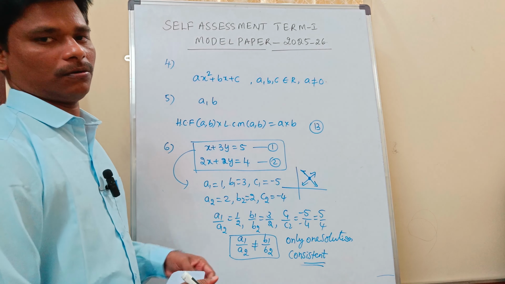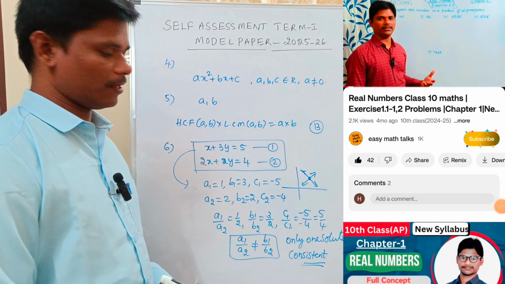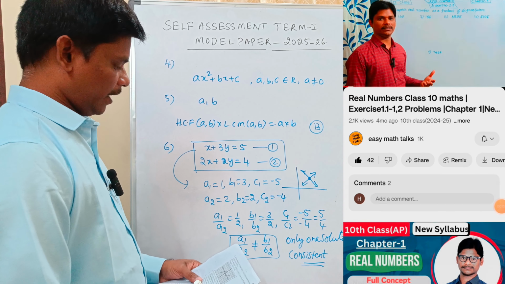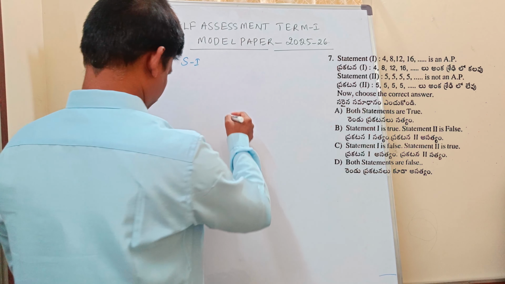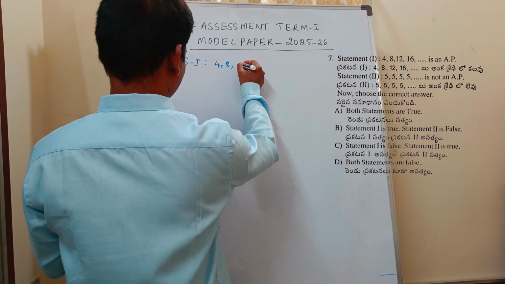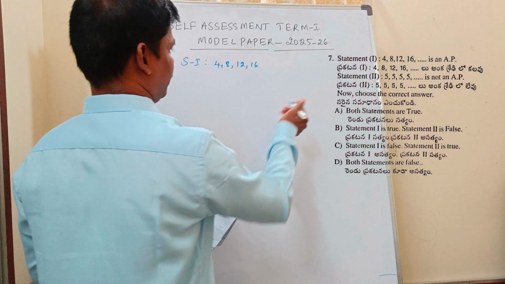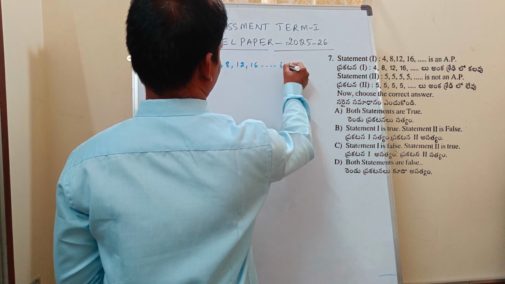We will take some more examples. I will take two pairs of linear equations. Next, see the seventh question. Here two statements are given. Statement 1: 4, 8, 12, 16 and so on is in AP.